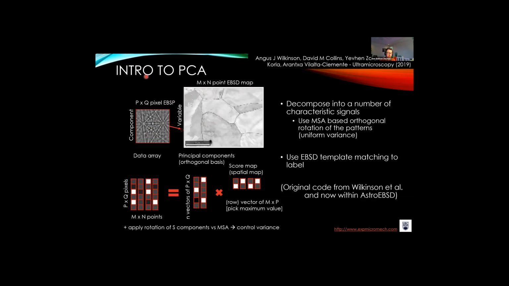We can take this 4-dimensional data set and convert it into a 2-dimensional data set, where we now have the diffraction patterns running as vertical columns and the points running as horizontal rows, and we can now do this decomposition to give you the principal components.